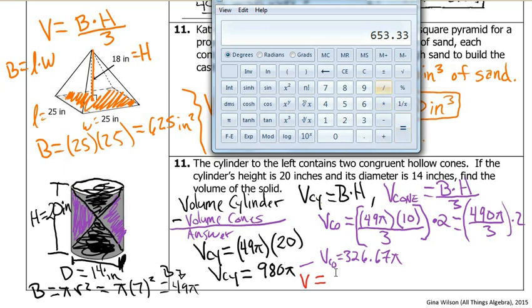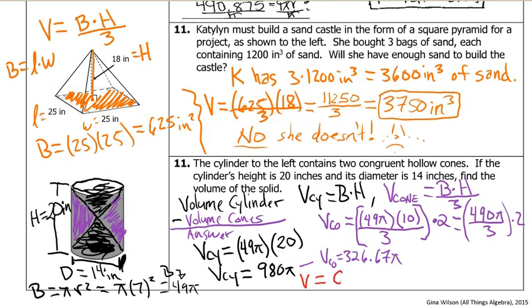So it is 653.33, and this is still in pi, and the units here are inches cubed.